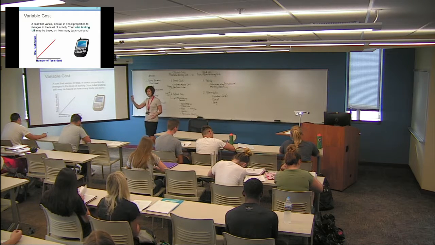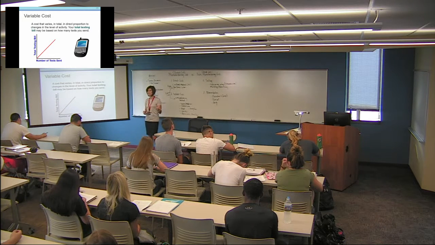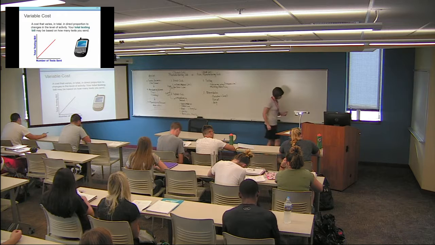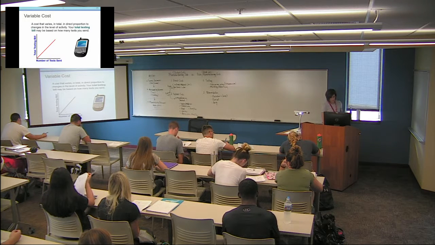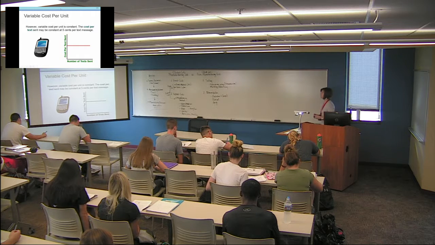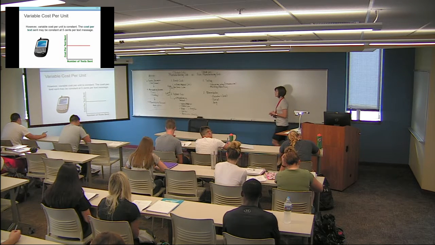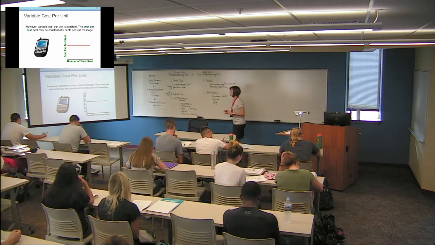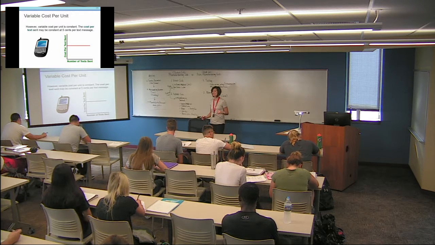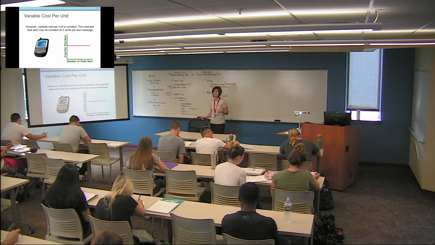But there are many things that are based on our usage, number of units, things like that. That's what a variable cost is. Now, a variable cost per unit, however, will stay constant. So for example, if it's 5 cents per text, it doesn't matter how many text messages you send, the per text cost is still 5 cents.